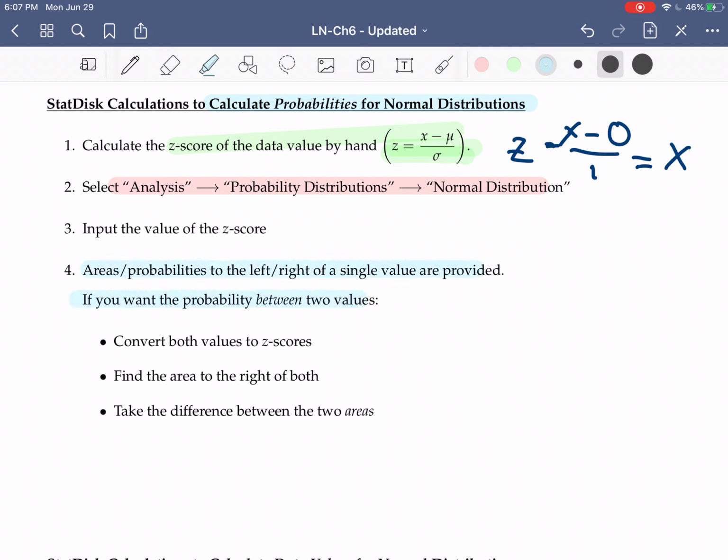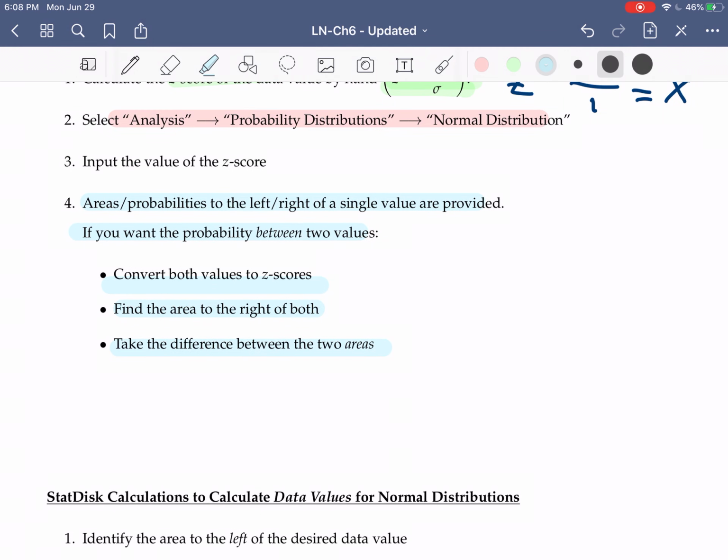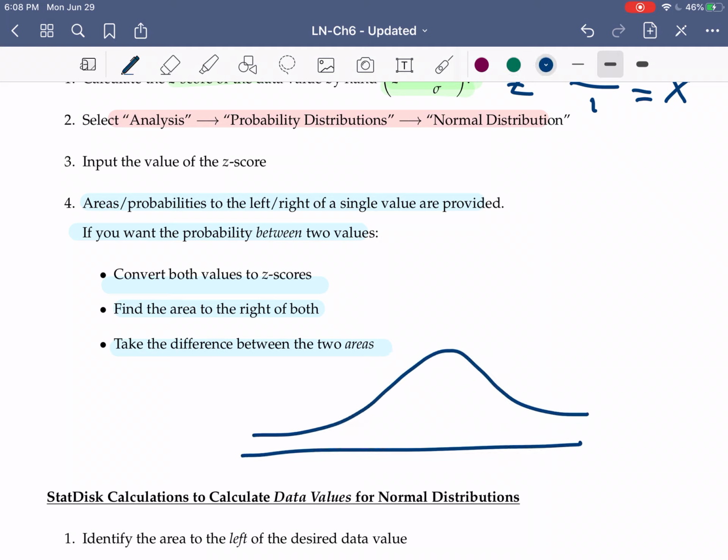If we want the probability between two values, we would convert both values to z-scores, find the area to the right of both, or to the left of both, it doesn't actually matter, and then take the difference between the two areas. So if we're trying to find the area between two values, we have this normal distribution.